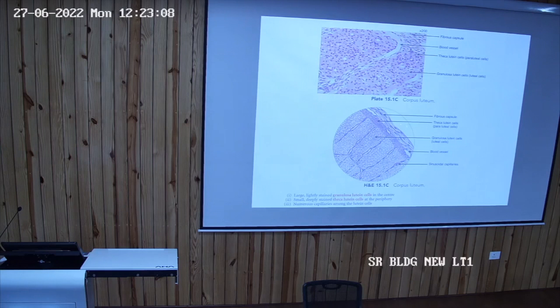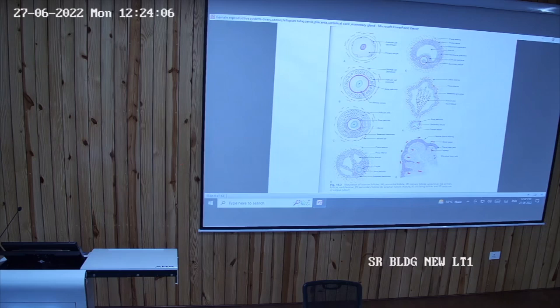The outer luteal cells, which are darkly stained and smaller in size, are the paraluteal cells or theca luteal cells, and the inner ones, which are larger in size and lightly stained, are called the granulosa luteal cells. They are secreting the hormones progesterone and estrogen.